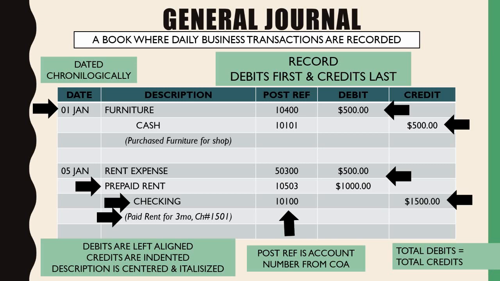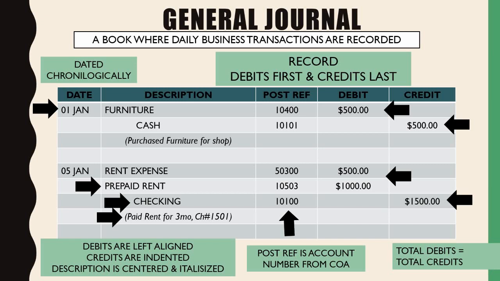I spent money, crediting it for $1,500, and I purchased 1 month for $500, and then 2 months I had to pay for in advance, which is $1,000. So in this case, that's exactly what I have here: my total debits equaling my total credits.